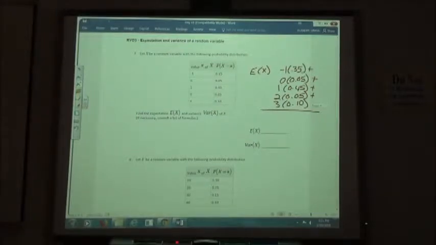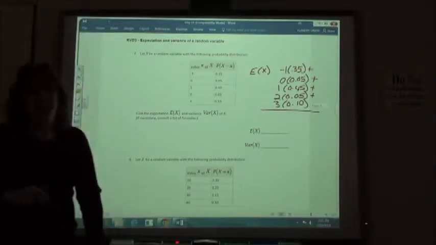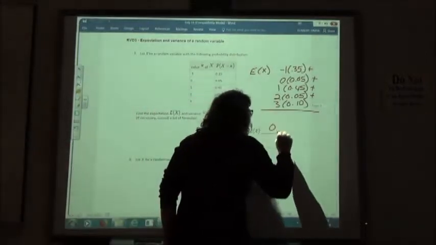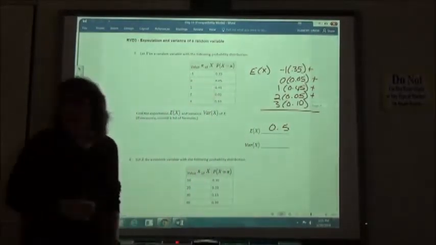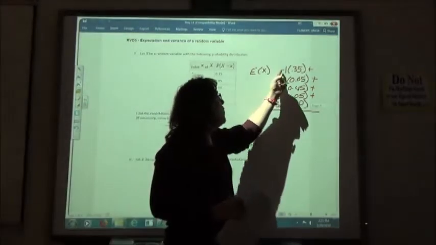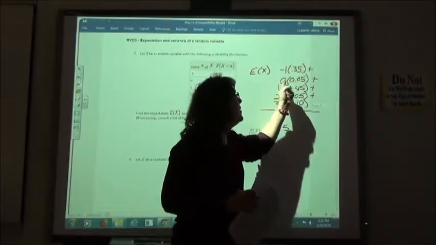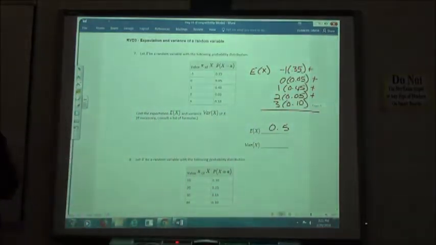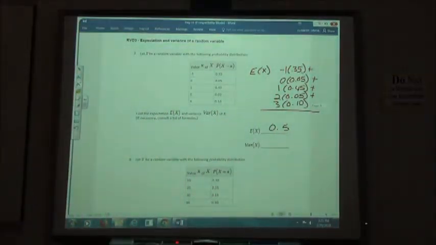I only have one negative number up there, and it's not very big, so I'm thinking I'm going to get a positive answer. 0.5. That's what I got. 0.5 is what you should get. So you took -1 times 0.35 plus 0 times this plus 1 times that plus 2 times that plus 3 times that. If you wanted to do it in 5 steps and add them together, you could.